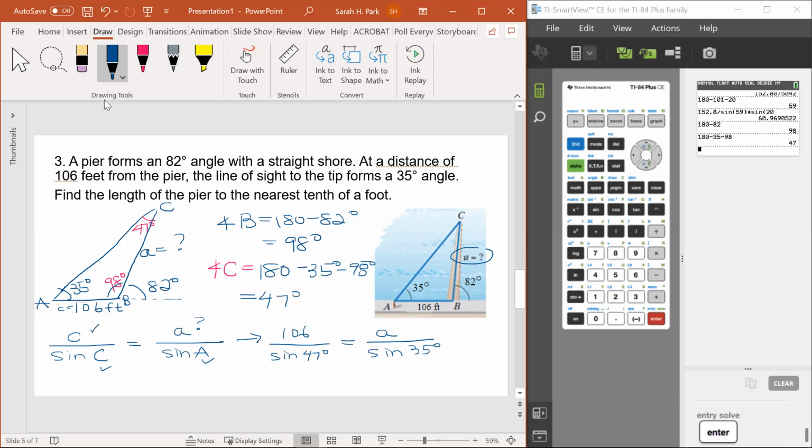Okay, now to find A, we need to get rid of this denominator, so multiply both sides by sine of 35.